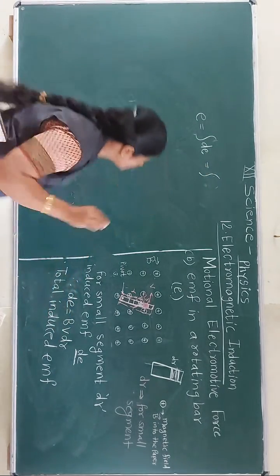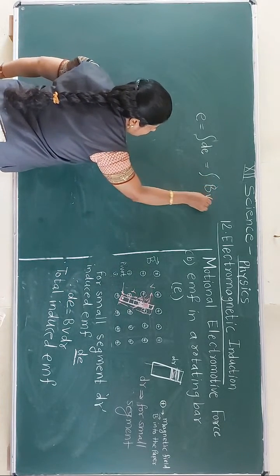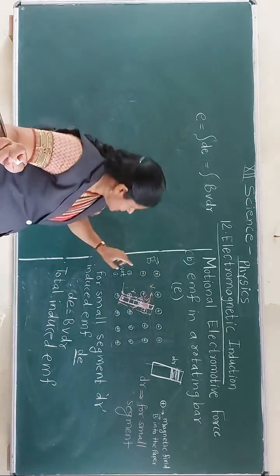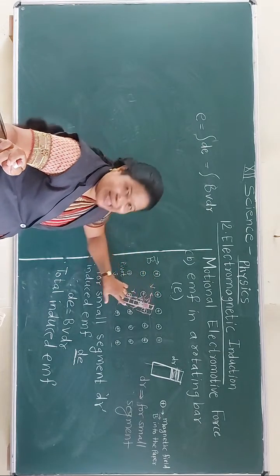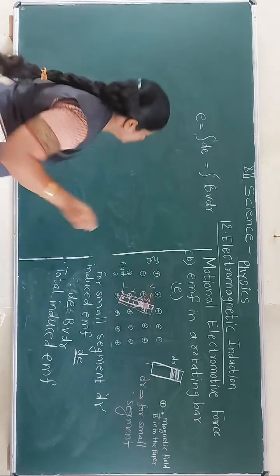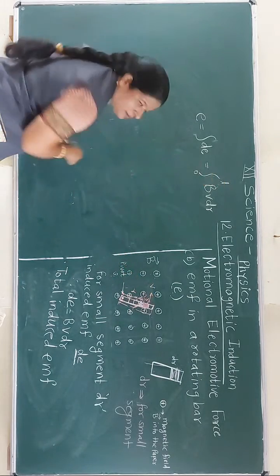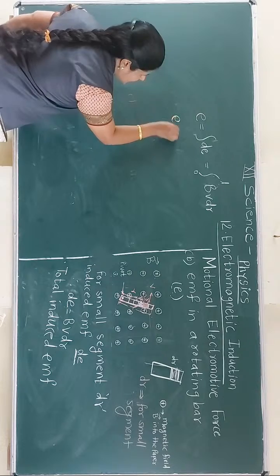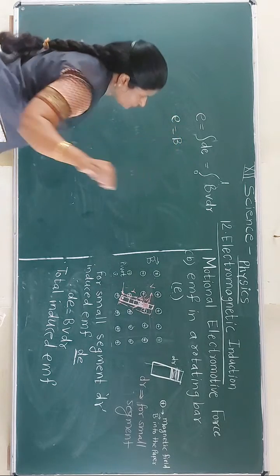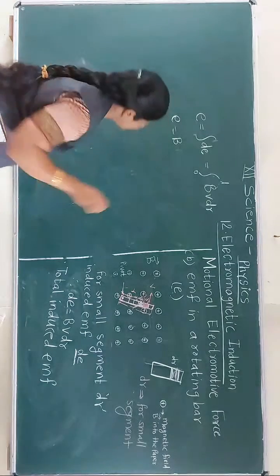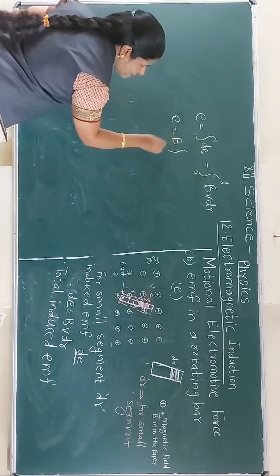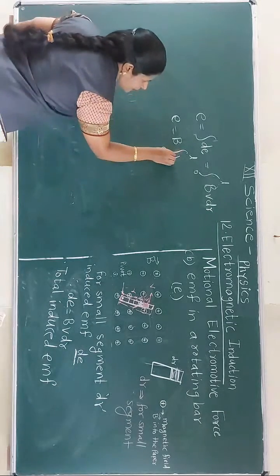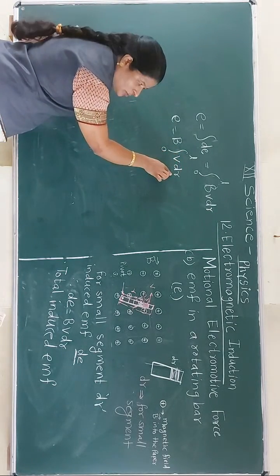B v dr, and the limits, since the bar length is L, are 0 to L. So we get E is equal to B, taken outside, the integration from 0 to L of v dr.